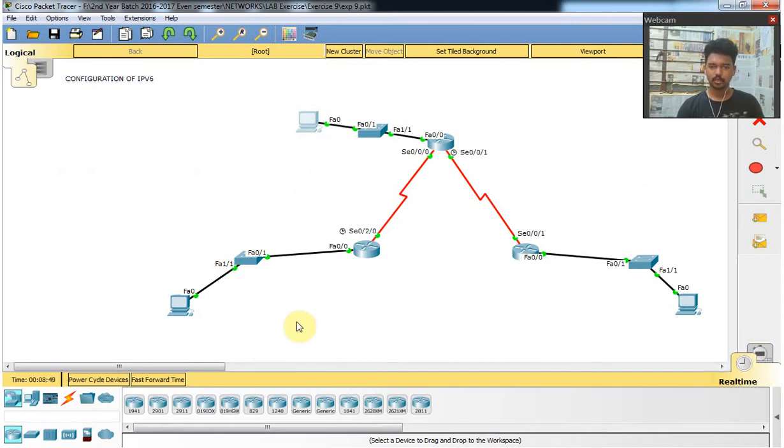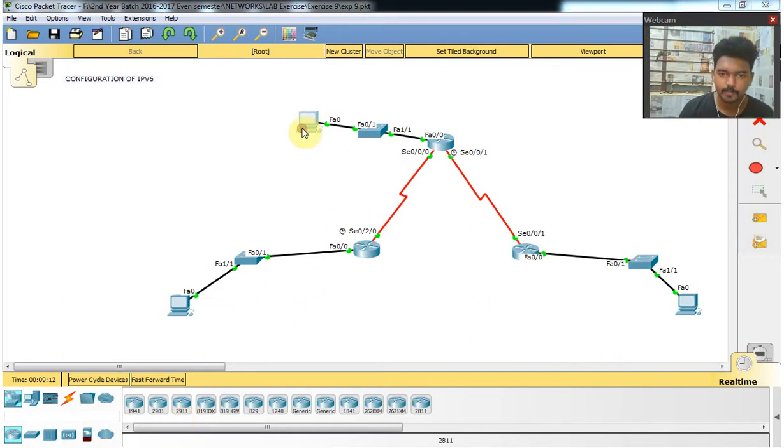In all the other videos I used a generic router, but for the configuration of IPv6 we have to use some higher-end routers such as 2811, 2901, or you can use a 2911.